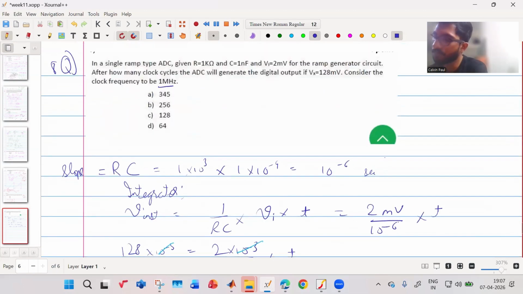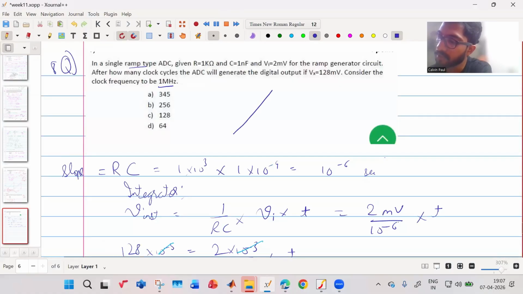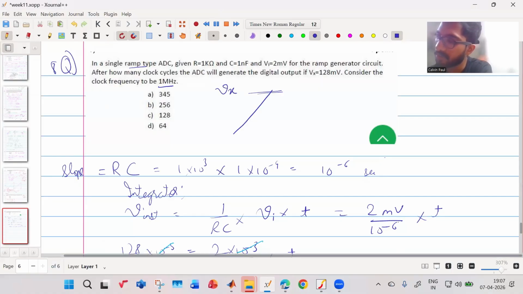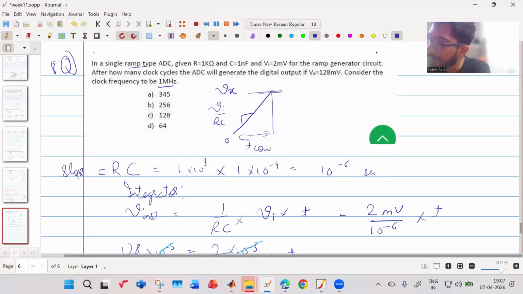So basically what you have in this ramp type ADC is something which is going like this until it touches this value, that is your Vx. Okay. And this slope is governed by Vi by RC. Okay. Slope is Vi by RC. So this starts at time 0 and the time at which it reaches is your T conversion time. Okay. When this is happening, there will also be some clocks.